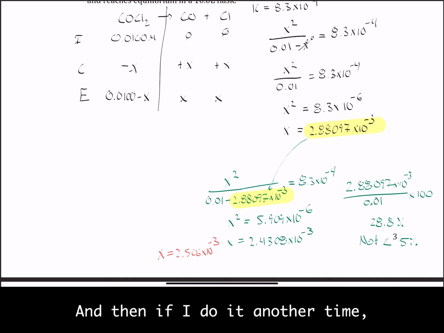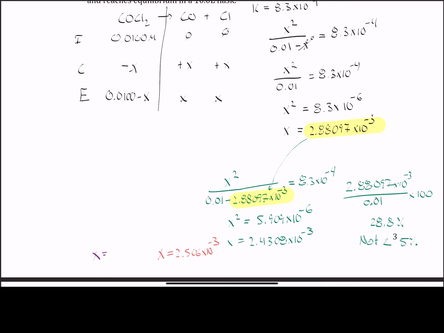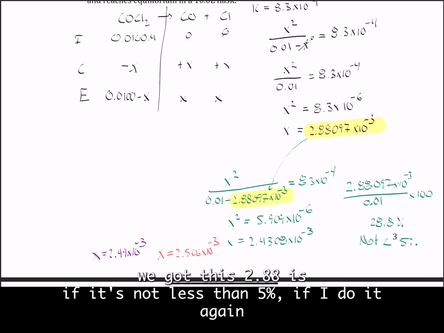And then if I do it another time, what do I use? Green, red, purple. So our first approximation, we got this 2.88.